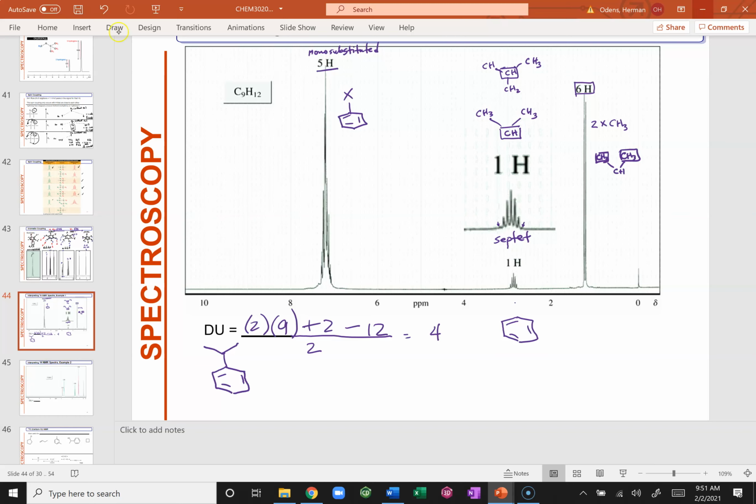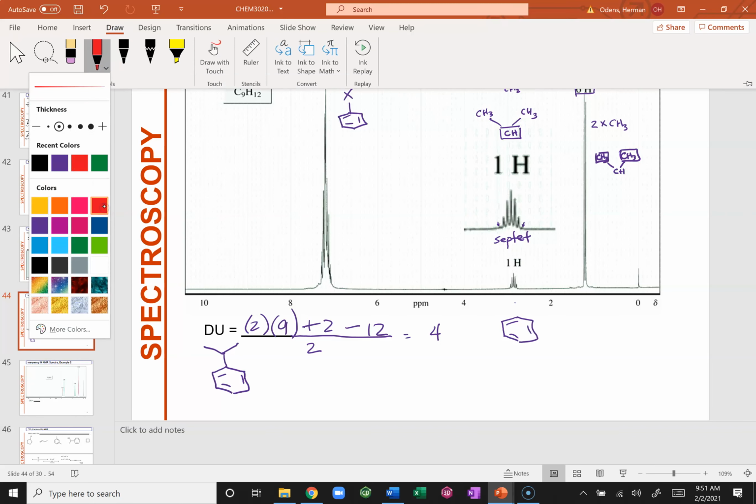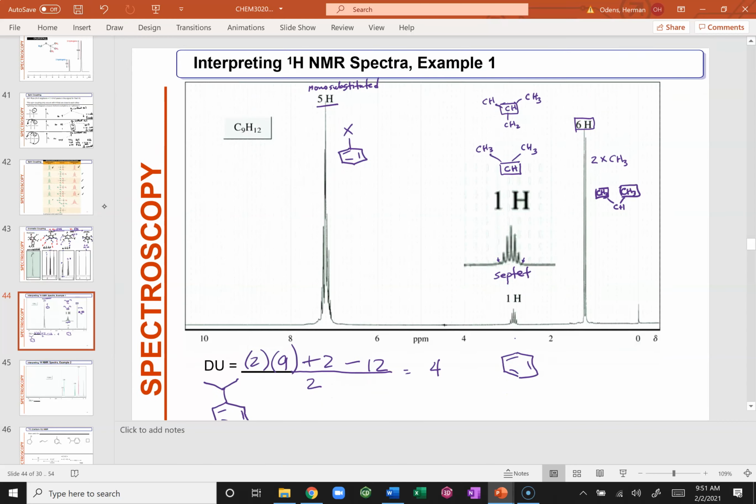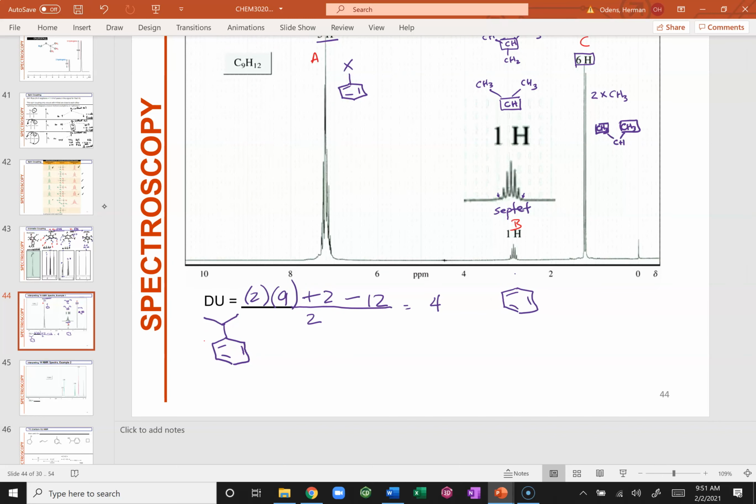All right? So that means we'll have all this. Labeling this, the next thing you'll do is label signal A, signal B, and signal C. So all this will be A. Signal B will be this one in the middle, your CH.